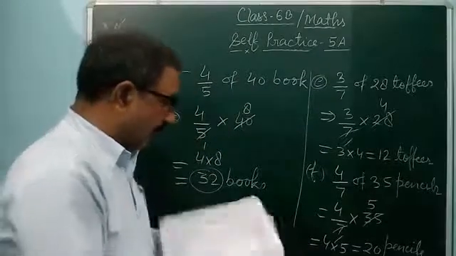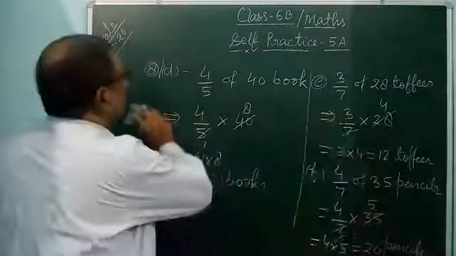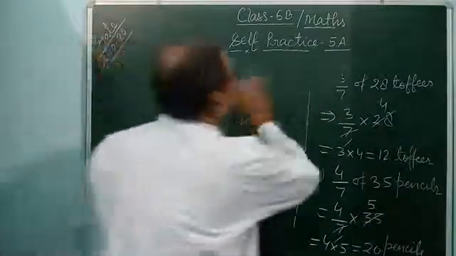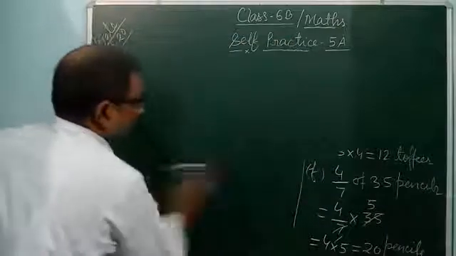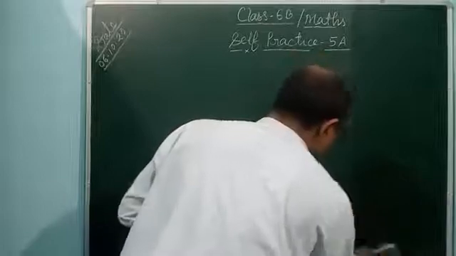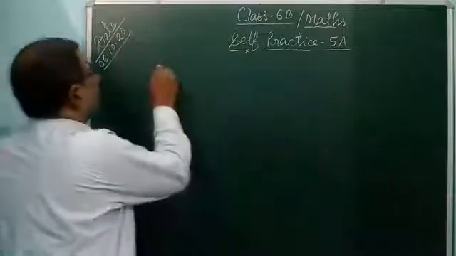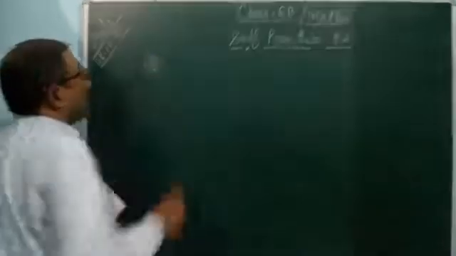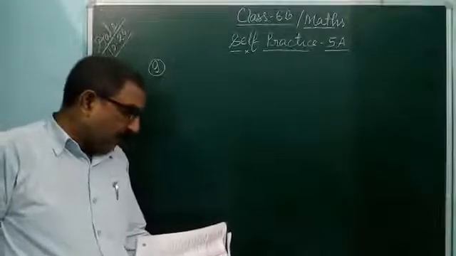And question number 9, the last question of 5A. Question number 9, you see. Sudhir has 45 balls.